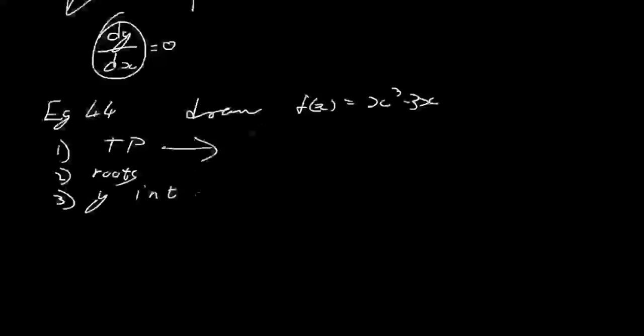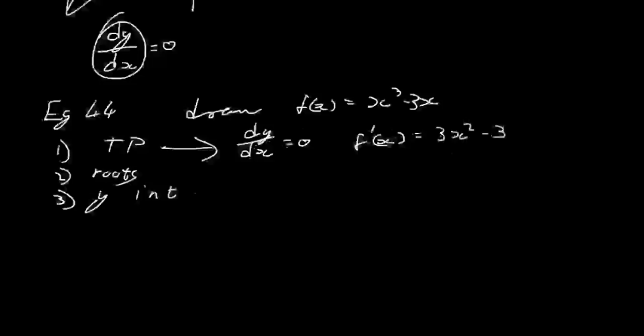So how do we get the turning points? That is, the turning points are where dy by dx equals 0. So first, let's take dy by dx, or f prime. So f prime of x equals, and I'm not going to talk about how to differentiate now if you don't remember, like we're covering that in the next section anyway. So f prime of x equals 3x squared minus 3.